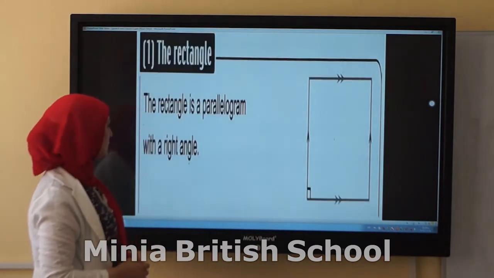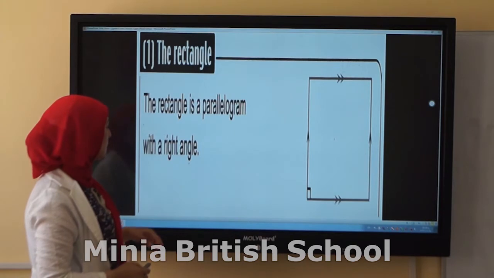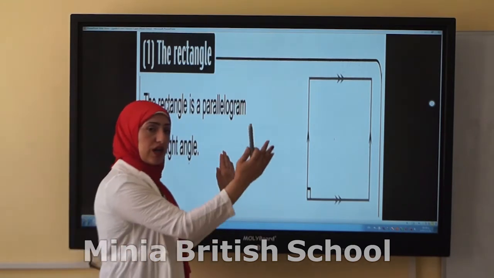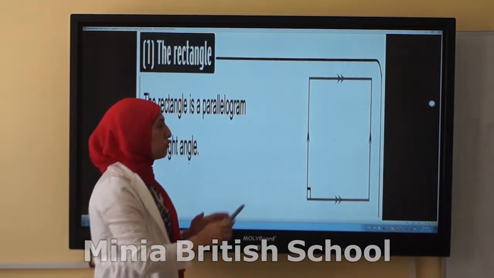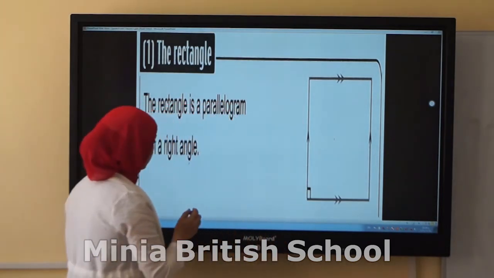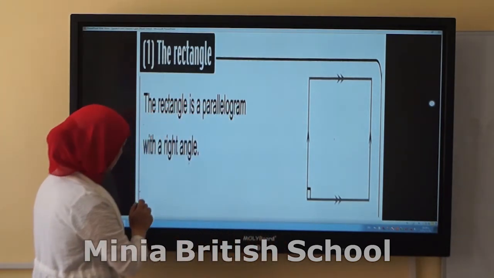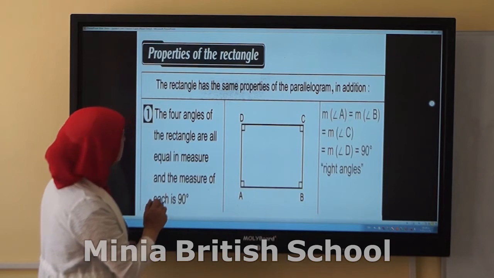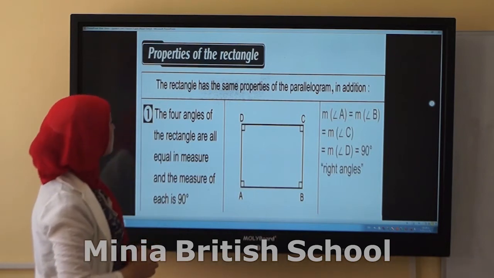Let's see the rectangle. Here, the rectangle is a parallelogram with a right angle. Okay. The properties of the rectangle.